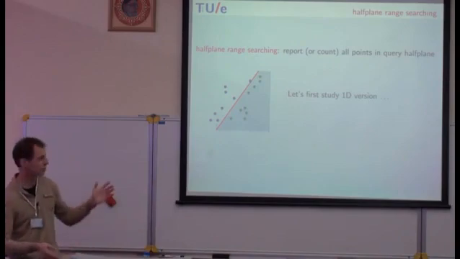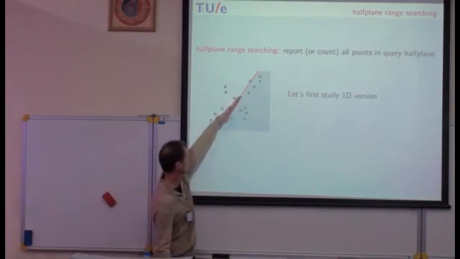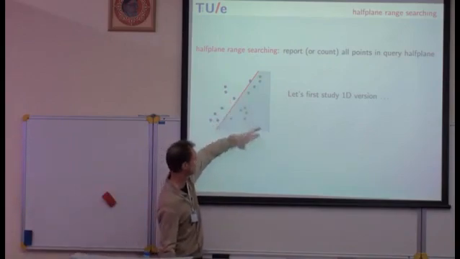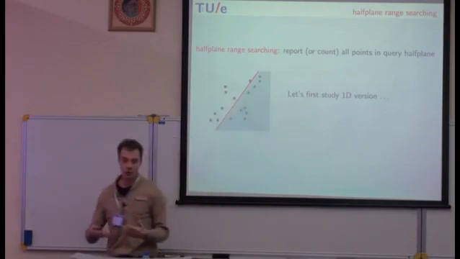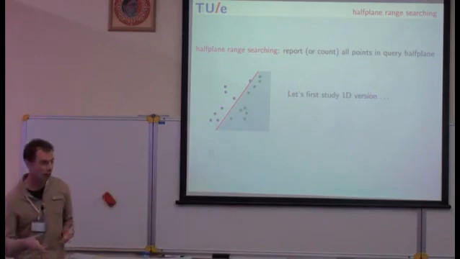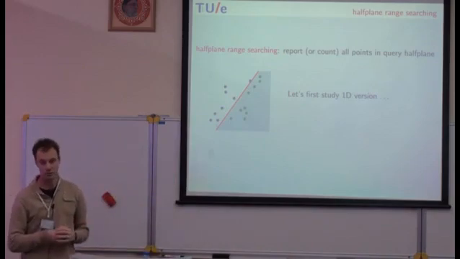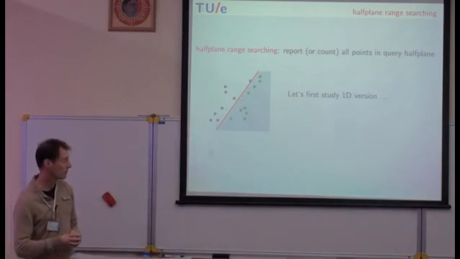A half plane is a part of the plane bounded by a line. So the query is this line, or this line, and you want to count how many points are below that line, or maybe report all of them.